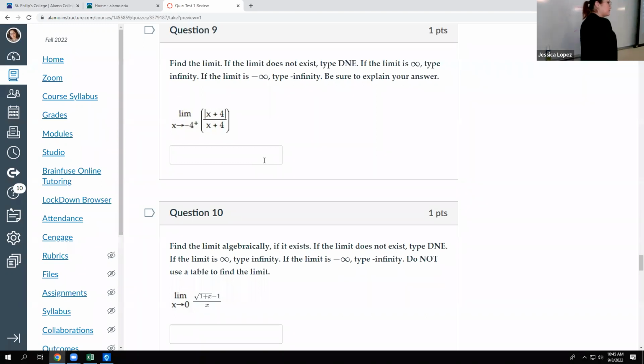If it's positive and I take the absolute value, it's the same darn thing. But if x plus 4 were less than 0, then the absolute value of it would change the sign, wouldn't it? Because it's negative and needs to come out as positive, right? So that means it would be the opposite of whatever this number is.